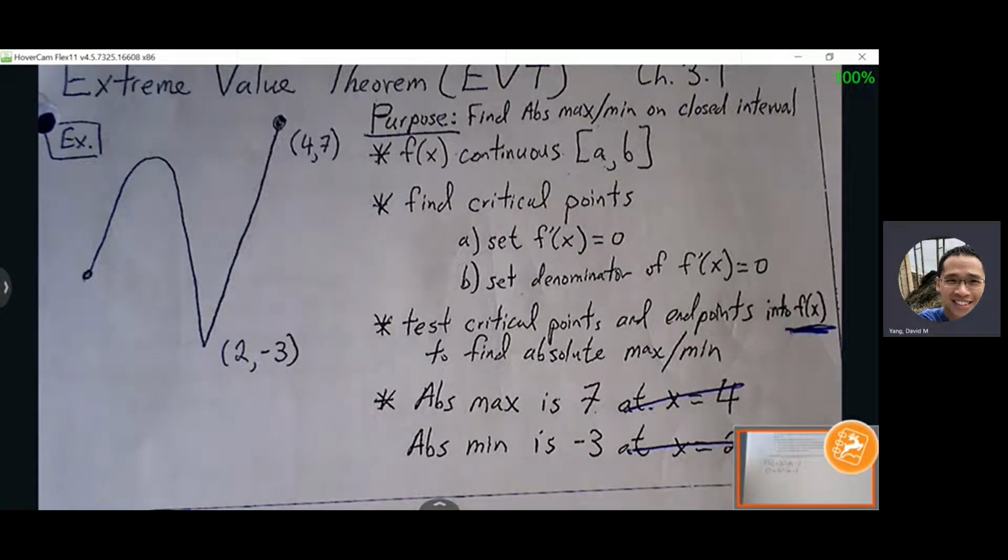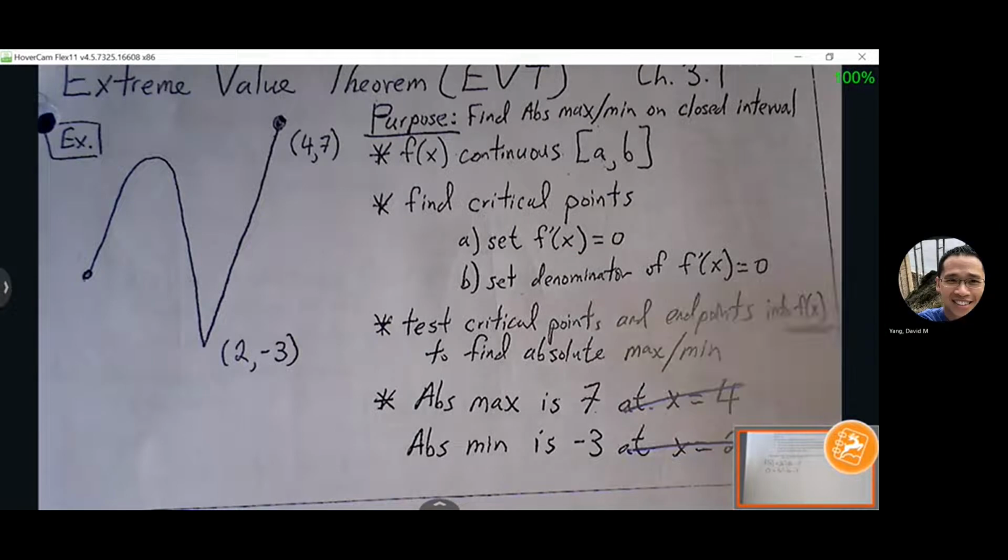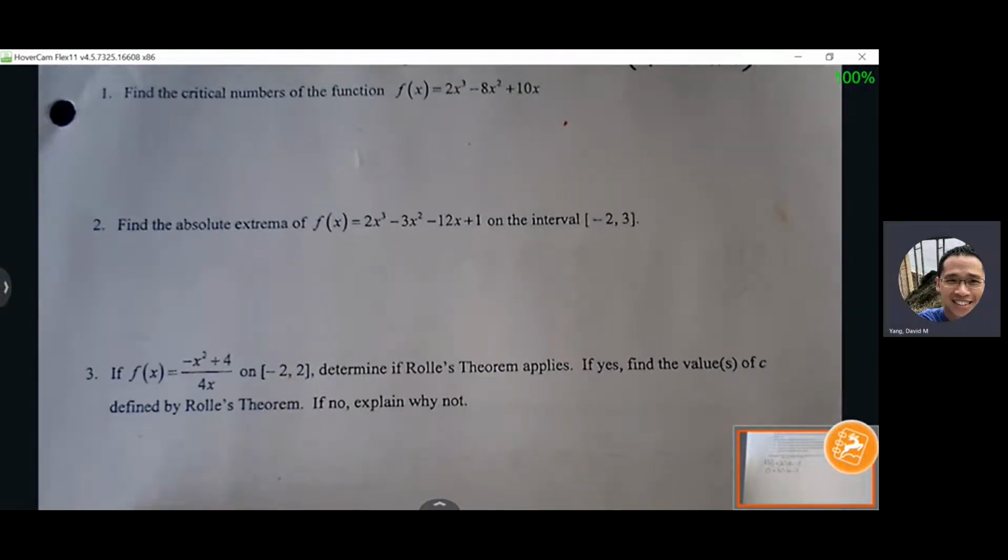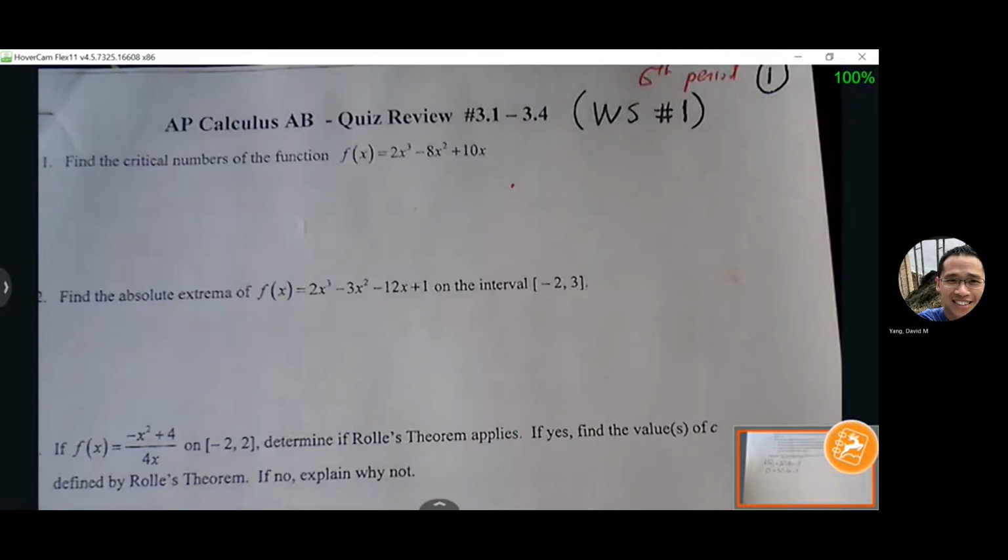Okay, so let's go to our worksheet 1, and let's try number 1. Number 1 is only asking you for critical numbers, so just find f prime and set f prime equal to 0, and that's it.